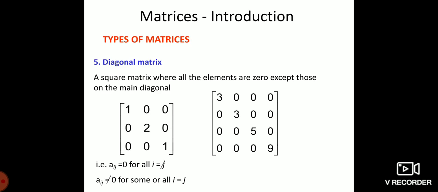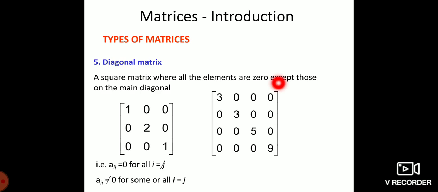Next definition, diagonal matrix. A matrix where all the elements are 0 except those on the main diagonal. That means in this matrix the non-diagonal elements are 0.